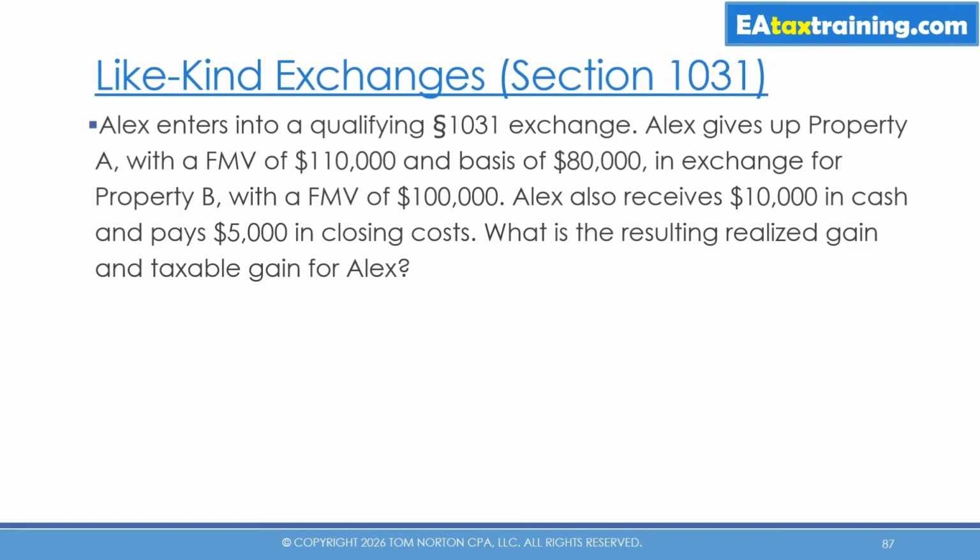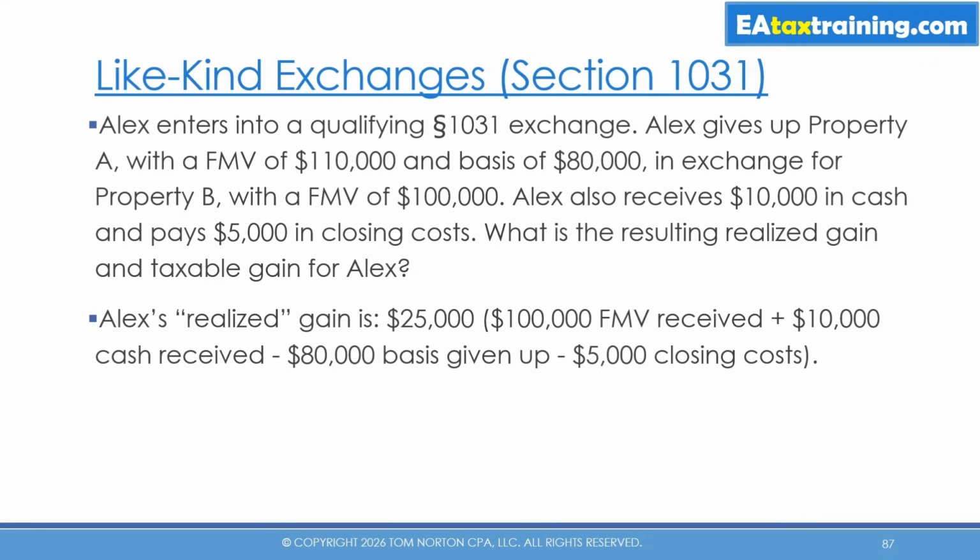What is the resulting realized gain and taxable gain for Alex? Alex's realized gain is $25,000. It's the $100,000 of real estate that he received, plus the $10,000 of cash that he received, minus his $80,000 of basis in the property given up, minus the $5,000 that he paid in closing costs.